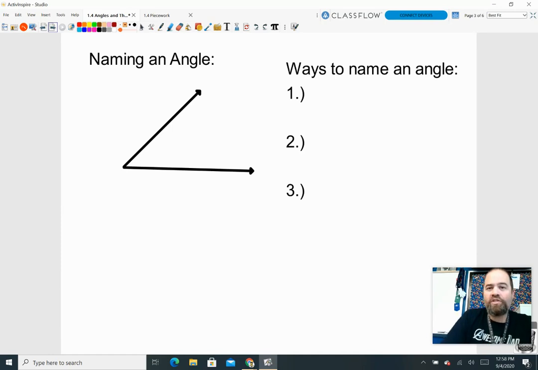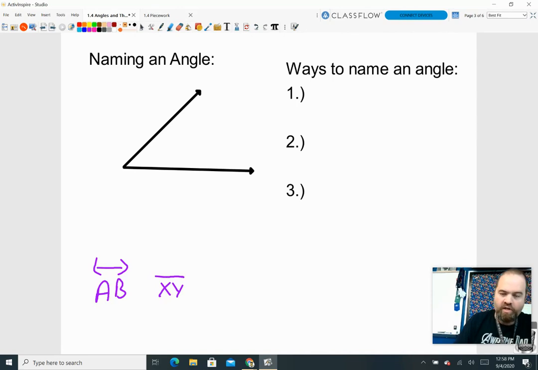So how we're going to actually name this. If you remember from the other day, we had all of these different notations for a line, and if it were a segment, we just had a bar across the top of it. And for a ray, which we've already done, you had the little arrow across the top. So for an angle, it's similar. Think about what you're actually naming here.